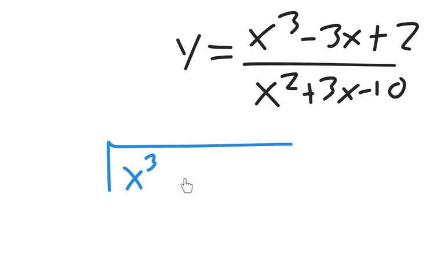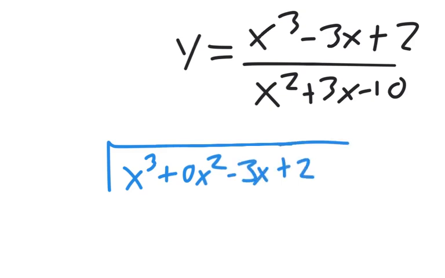The next term needs to be x to the second degree. Does it give me an x to the second degree? No, so I need a placeholder, just like we do with synthetic. So 0x squared minus 3x to the first plus 2, divided by x squared plus 3x minus 10.